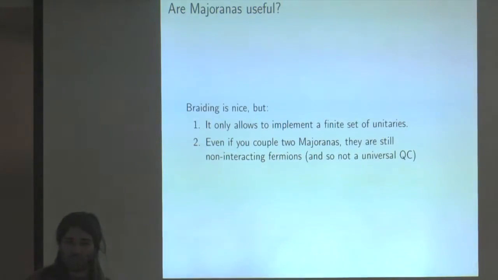So there are two criticisms or concerns that appear when discussing the applicability of Majoranas for quantum computation. The easy one and the hard one. The easy one is what one hears from anyone who has learned about anyons and topological quantum computation. Namely, the braiding of Majoranas only allows to implement the Clifford gates, which means that these gates form a finite set of operations, essentially discrete rotations of the Bloch vector.